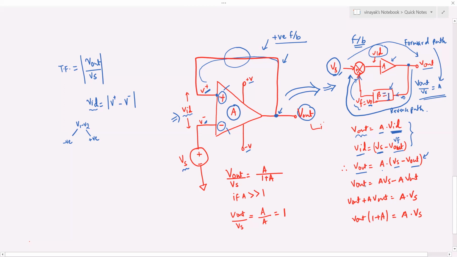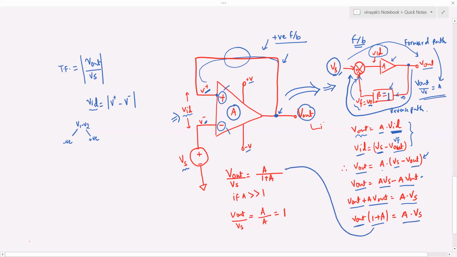Then we further simplify to get V out equals A times Vs minus A times V out. And again, taking this term to the left side, V out plus A V out is equal to A times Vs. Finally, V out is taken common: V out in brackets (1 plus A) equals A times Vs.